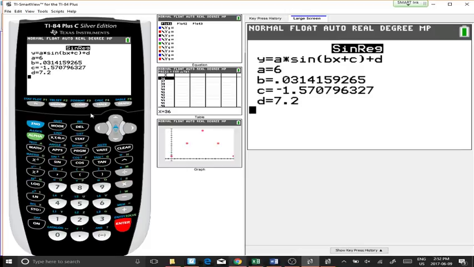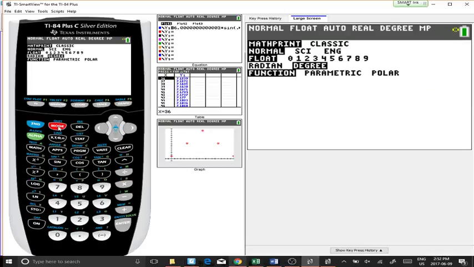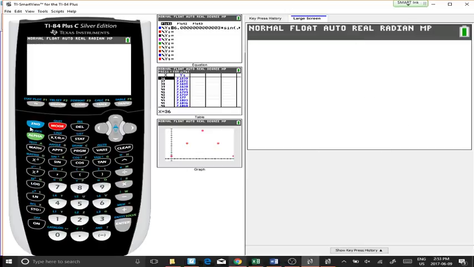So the question does ask, how long is it? Well, let's just see how the equation fits that data. Oh, wait a second. Does the equation even fit the data? Uh-oh, let me go to mode. Okay. The calculator has to be in radian mode. If yours was, good for you. Mine wasn't, so I just have to do this again.